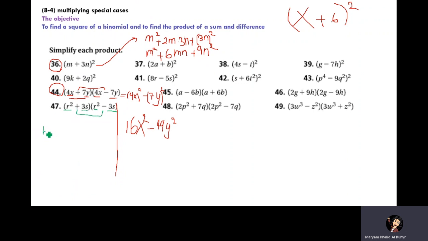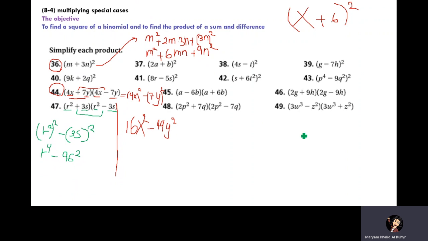So that will be r to the power 2. Remember, please don't forget that this is all of it to the power 2. Minus 3s, all this to the power 2. So that is r to the power 4 minus 9s to the power 2.